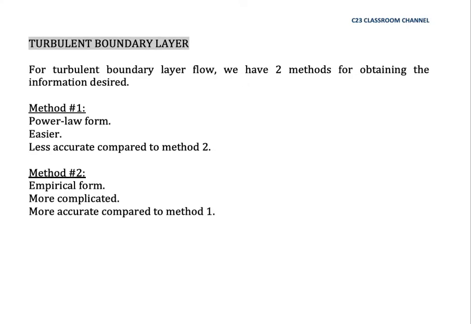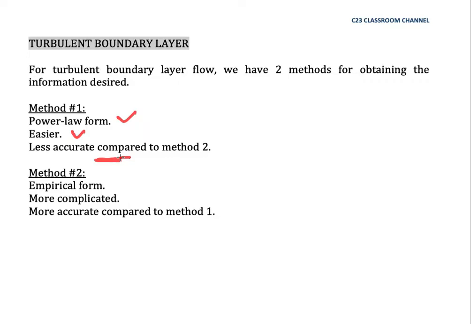To solve turbulent boundary layer, we have two methods. Method 1 is called power law form. It is easier, however, it is less accurate compared to the second method. The second method is called empirical form. It starts from the Navier-Stokes equation, and then we use the same idea as the Blasius exact solution.